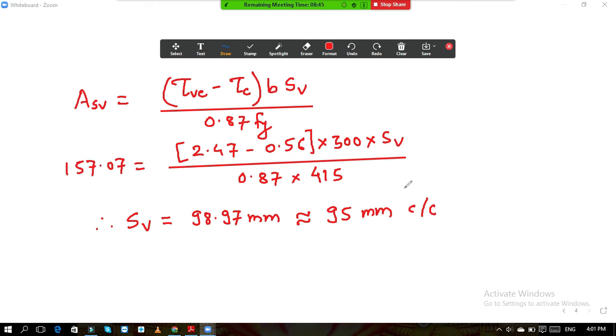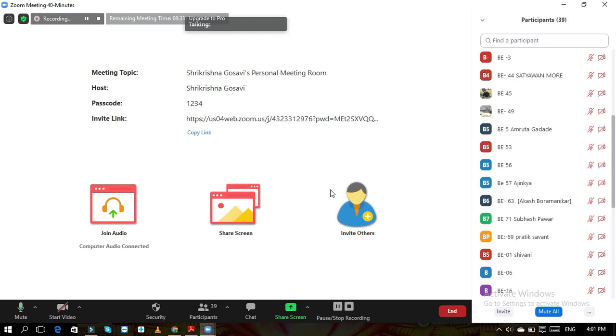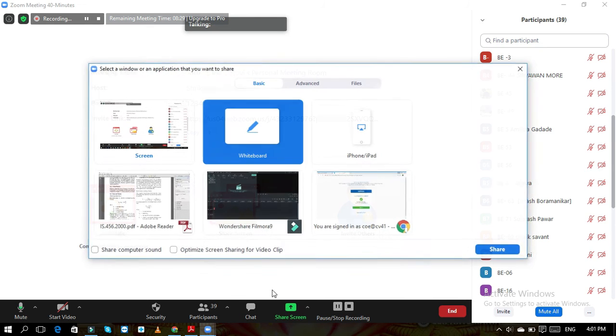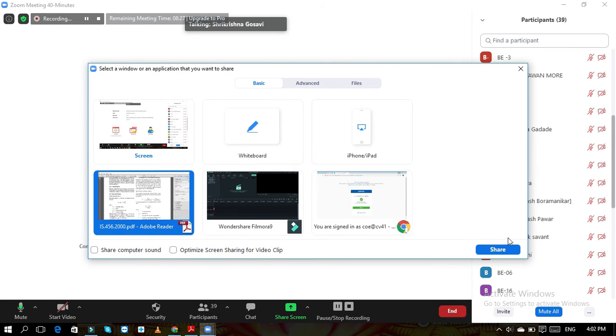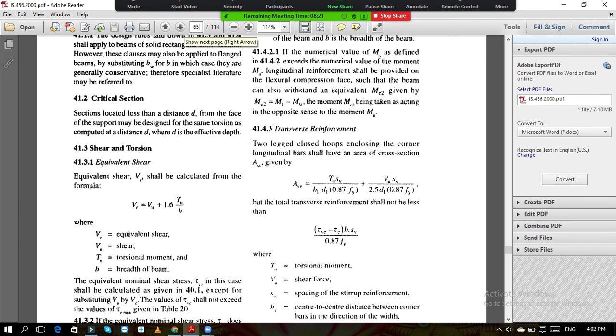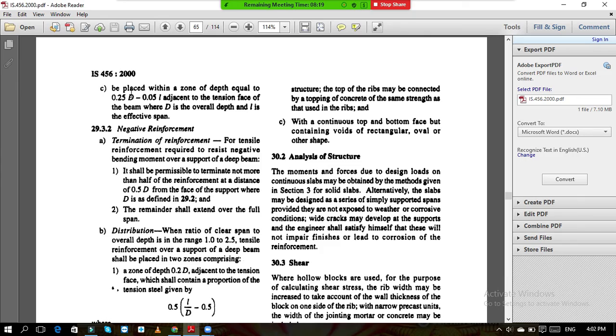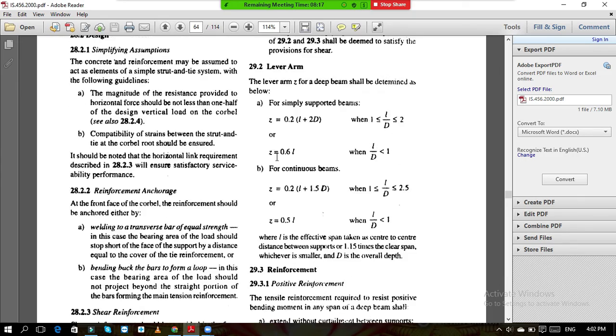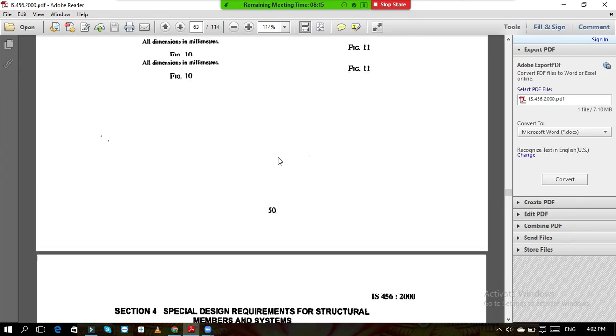Okay, so now this is the criteria which is given on page number 75. Now again, if we go to page number 48 in the IS code, we will get the clause for the spacing that you already know.